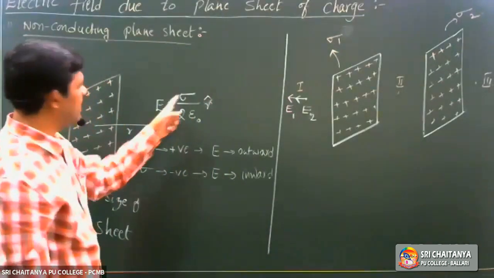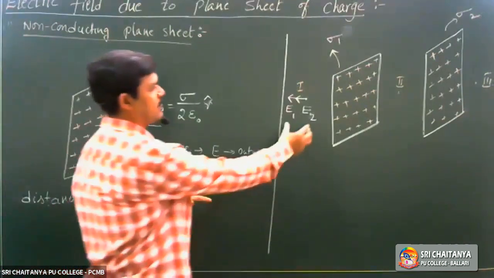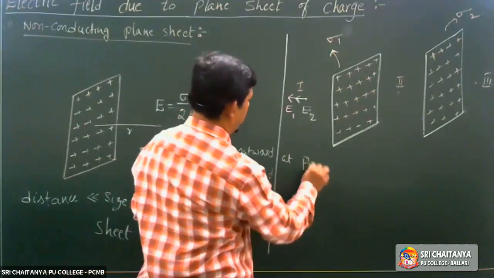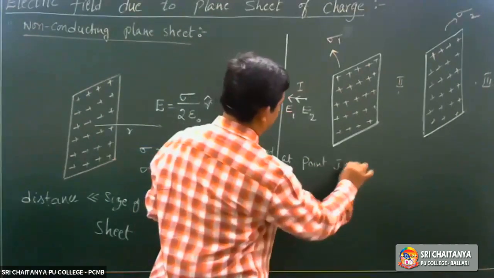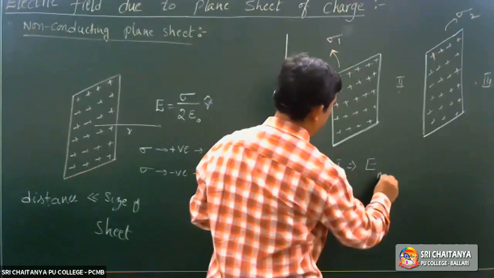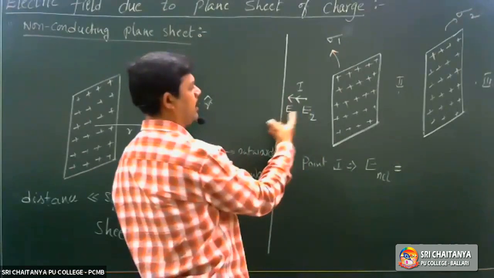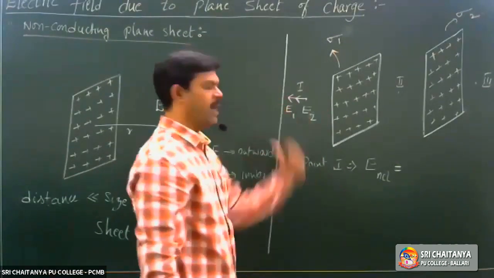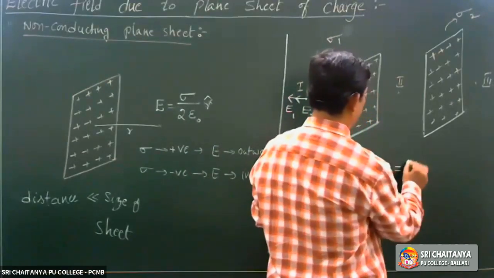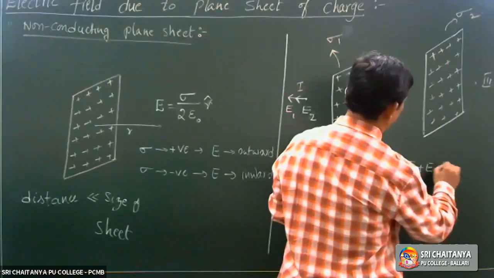You know the formula, electric field due to the plate, sigma by 2 epsilon naught. As these 2 are parallel, what can you write? At point 1, net electric field, E net. How are these 2? E1 and E2, parallel in the same direction. E1 plus E2, right?